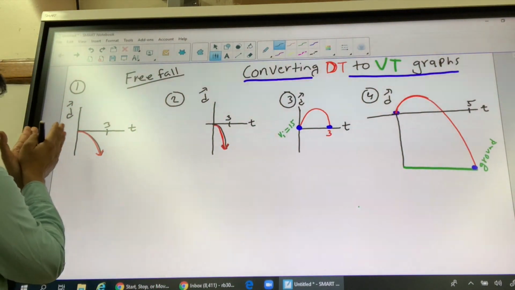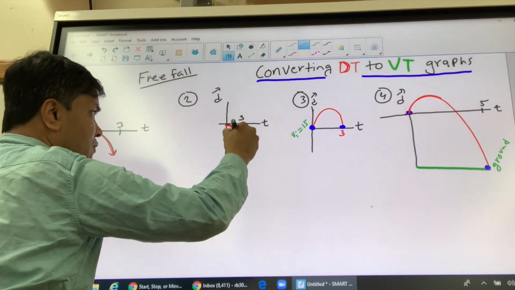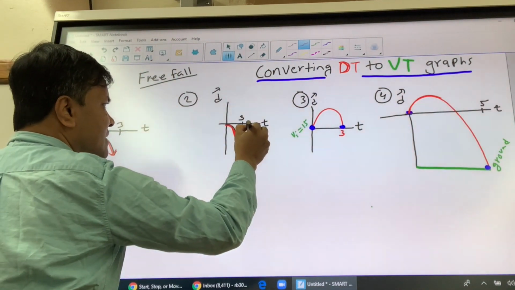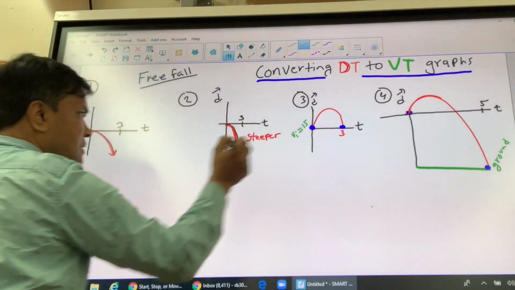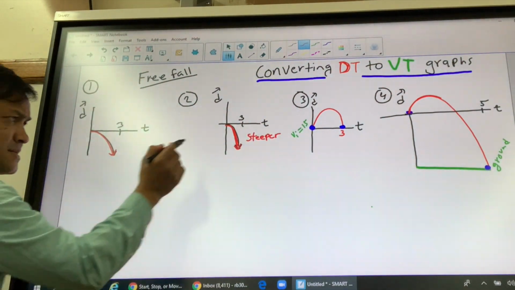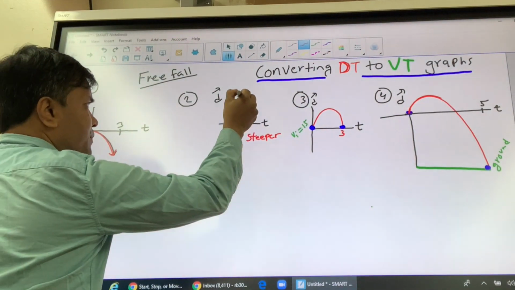Initial velocity must be 0, because this slope is steeper than this slope. This slope is much steeper than this slope. So this must be thrown down.